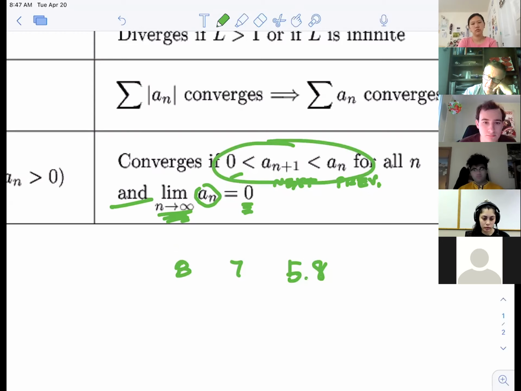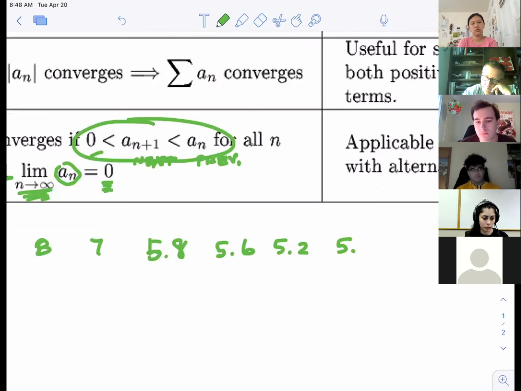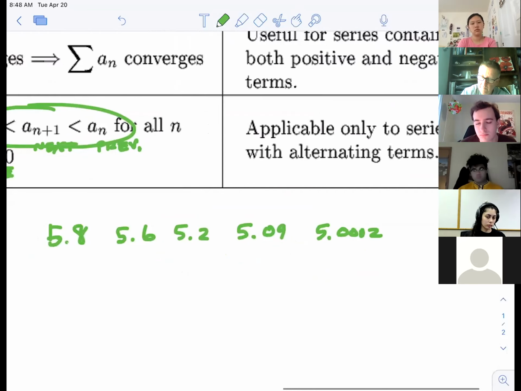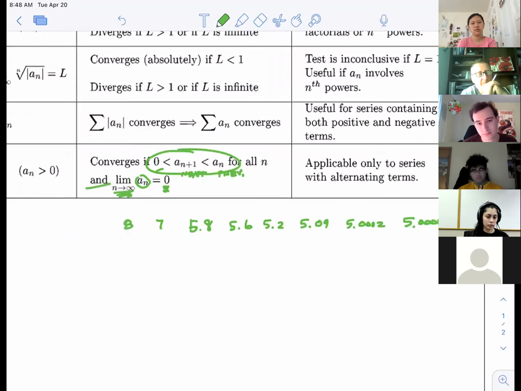But what if you keep looking, what if it ends up doing this? What do you see happening now?